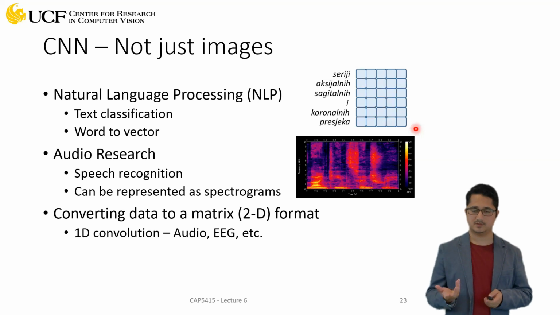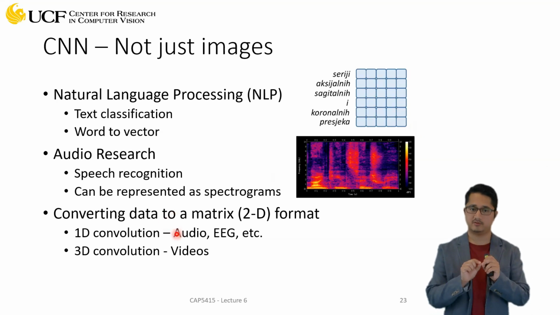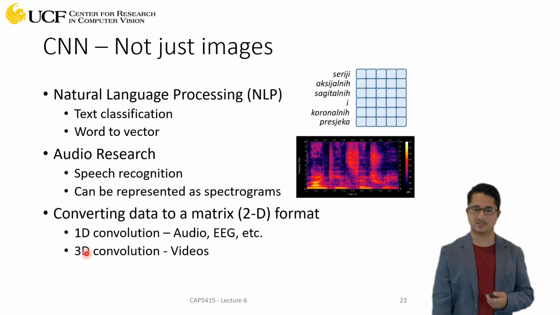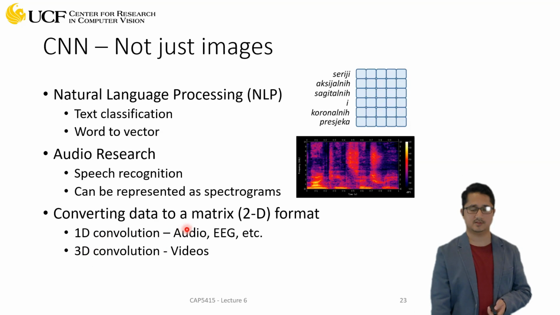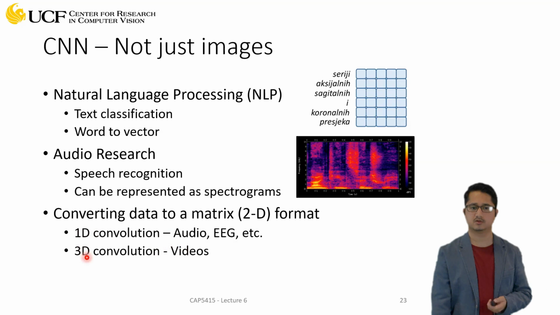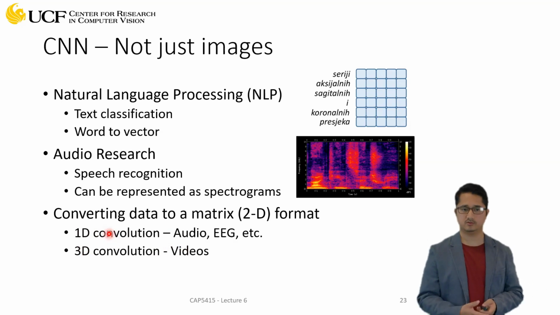If it's audio, you can use 1D. You can even just take the raw signal; you don't have to convert that to spectrograms. It will change the operation you are using. If it's a one-dimensional signal, you will use 1D convolution. If it's higher dimensional, let's say videos, you will use 3D convolution. For images, it's 2-dimensional, so you use 2D convolution.